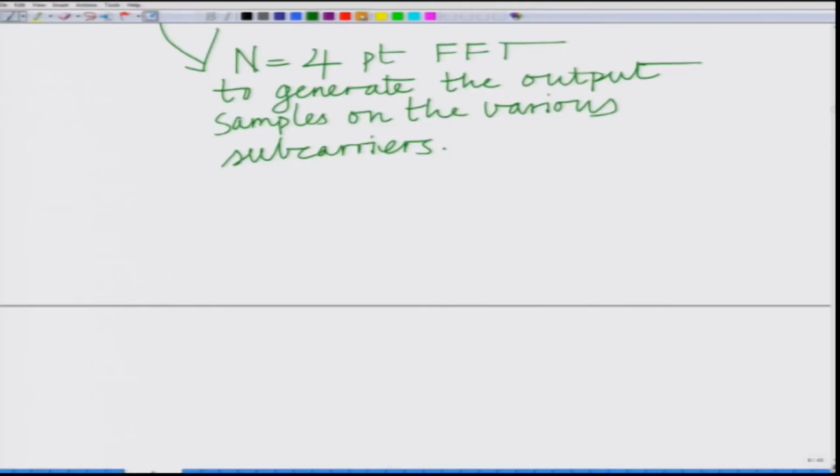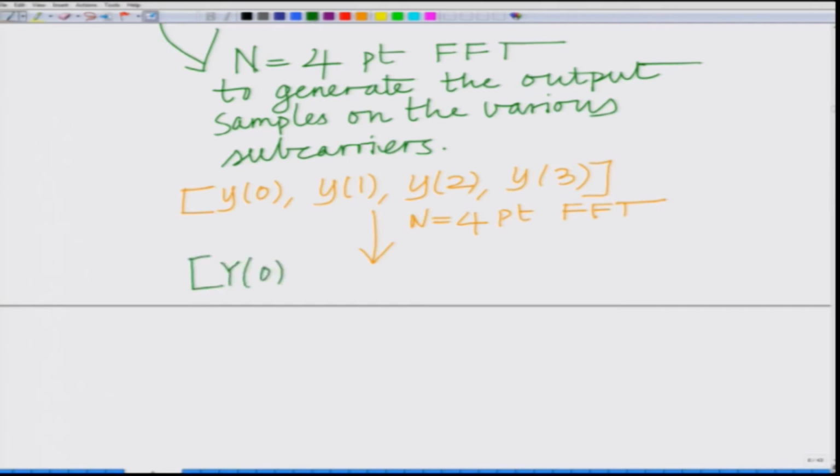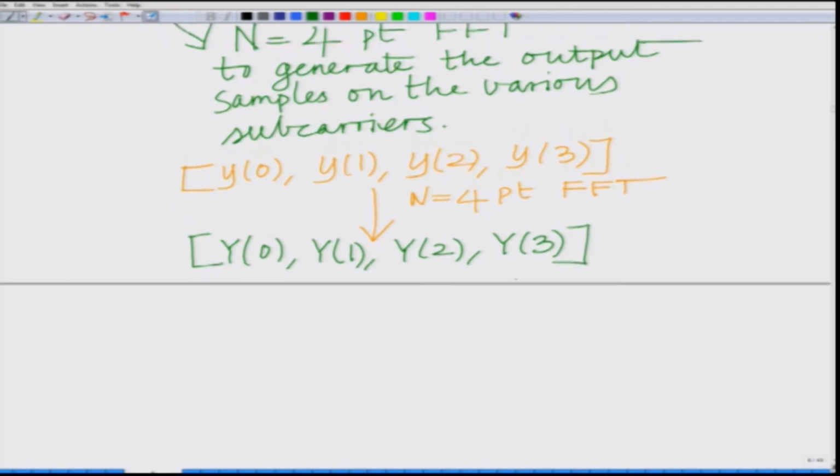We take the N point FFT to generate the corresponding frequency domain samples, or the output symbols corresponding to the various subcarriers, capital Y0, capital Y1, capital Y2, capital Y3.